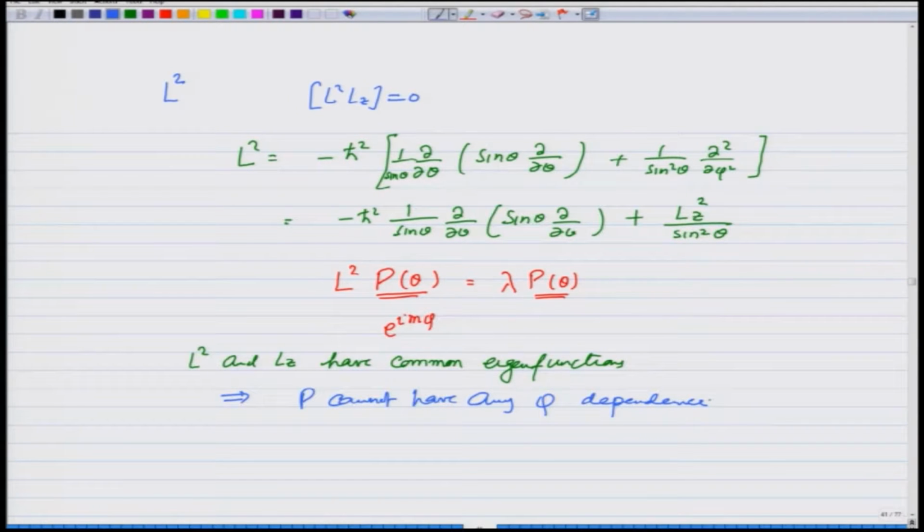Now, the way one solves this equation is by writing P of theta, expanding it in terms of cosine of theta and its powers, with some coefficient C i. We are not going to do that. I will just state the result: when we calculate L square P equals lambda P, lambda value comes out to be l times l plus 1 h cross square.